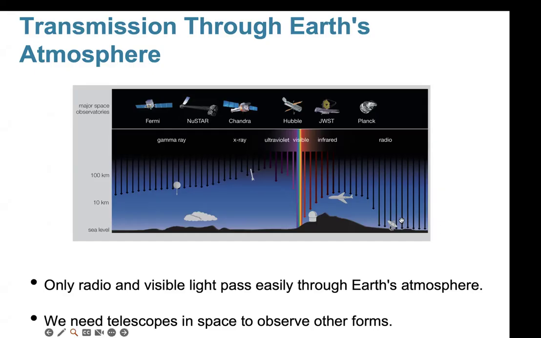But we can build better and better radio telescope arrays. We can build big networks of radio telescopes. And since it doesn't matter at all if they're at the bottom of the atmosphere, because the atmosphere hardly interferes with radio waves, we can really improve that ability.